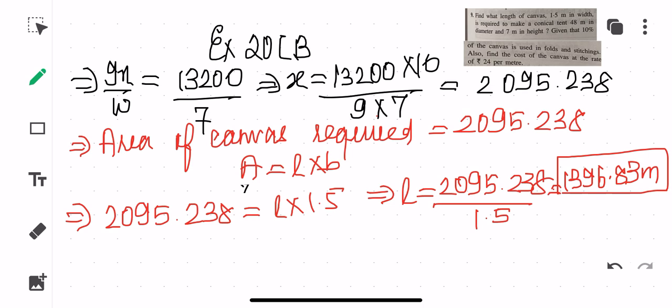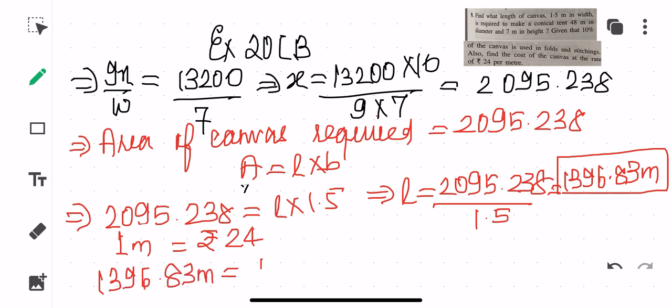So if length is this, then the question is, for 1 meter the cost is equal to rupees 24. Not meter square, children, length, because they are talking about length. So for 1 meter the cost is 24. So for 1396.83 meter the cost will be equal to 1396.83 multiplied by 24.